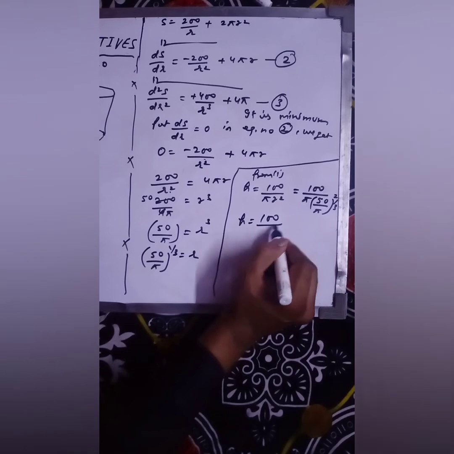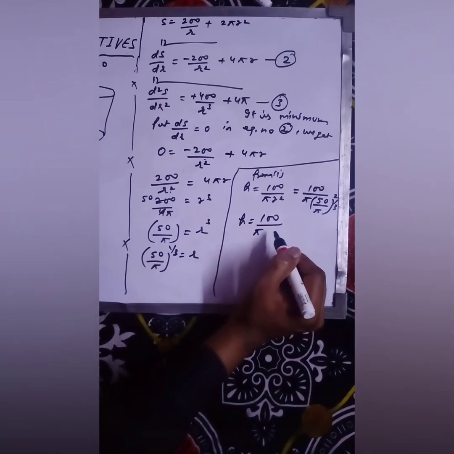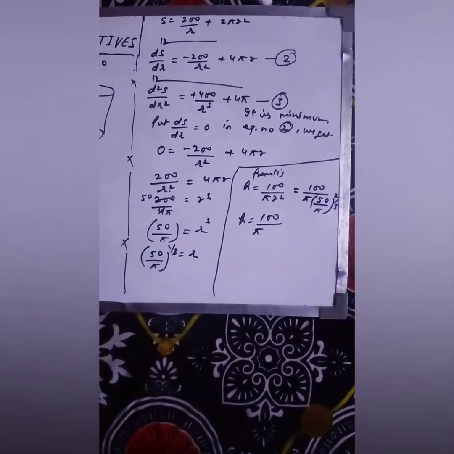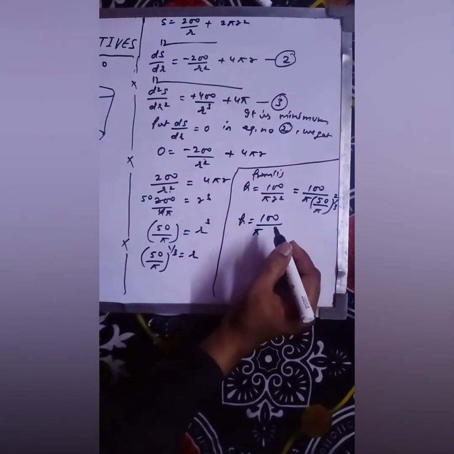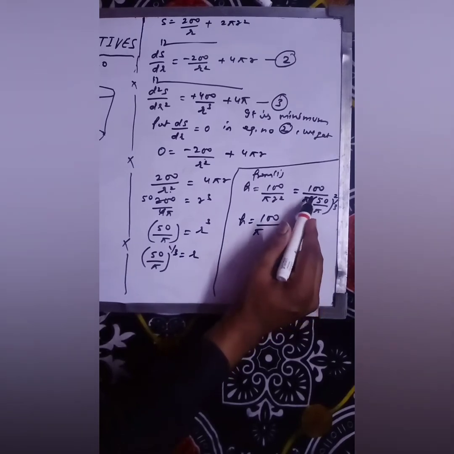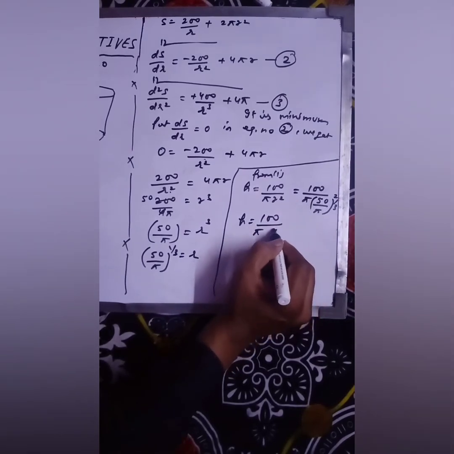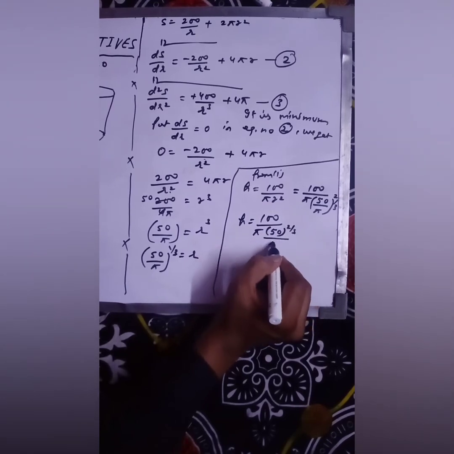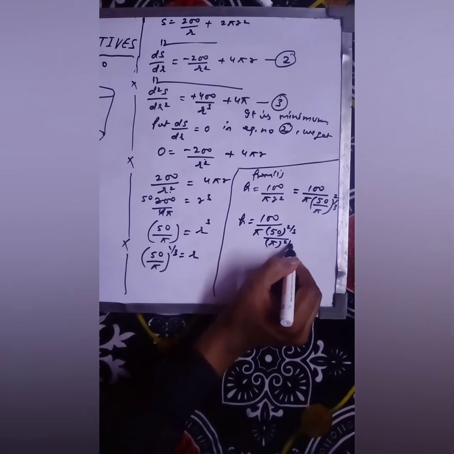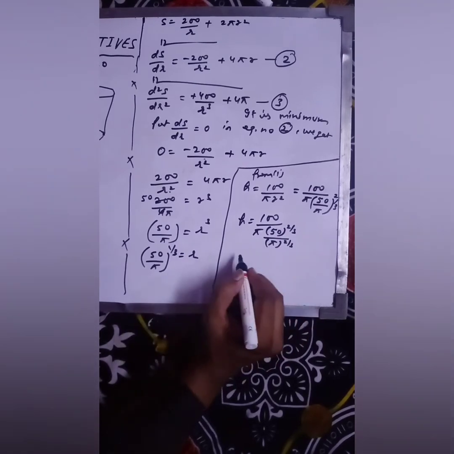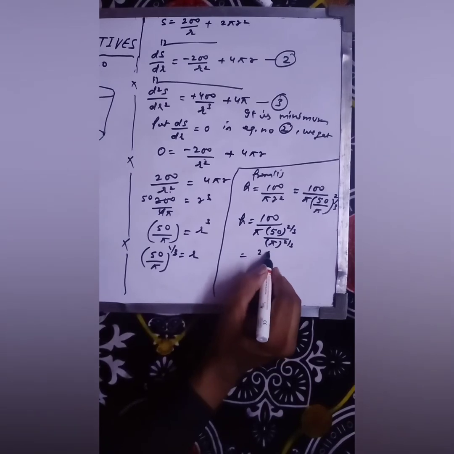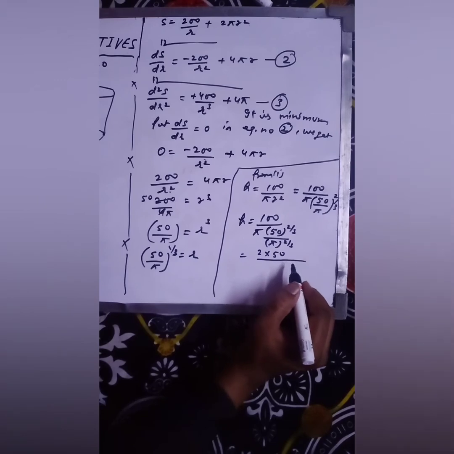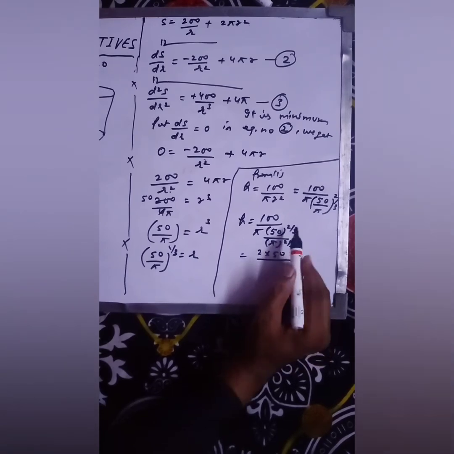And this would be 100 upon pi, and I'm separating this. This is 50 raised to the power 2 by 3 and pi raised to the power 2 by 3. This 100 I'm breaking into 2 into 50, over 50 to the power 2 by 3 times pi to the power 2 by 3. This pi will come in the numerator part.